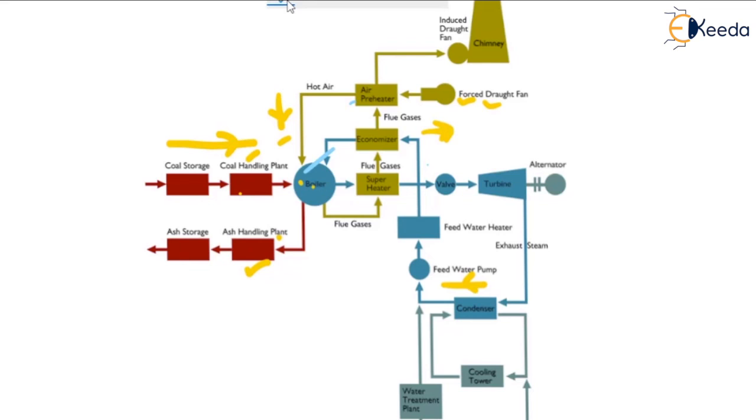After being pressurized in the feed water pump, this feed water is reheated, and then sent to the economizer so that it increases in temperature, and then it is sent to the boiler, and in the boiler this water is converted into steam.